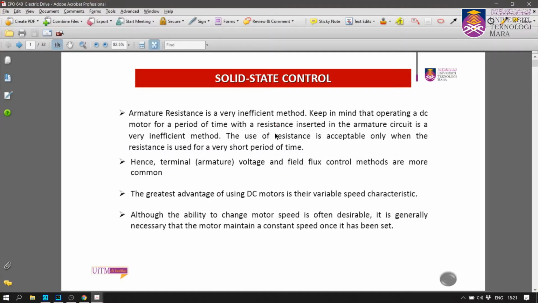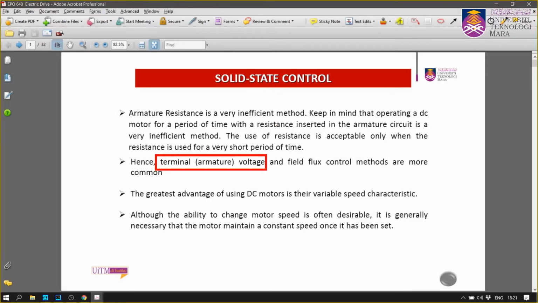Therefore, what is left is only the terminal voltage control and the field flux control, by controlling the field voltage as well as the current. We control the field voltage as well as the terminal or armature voltage.